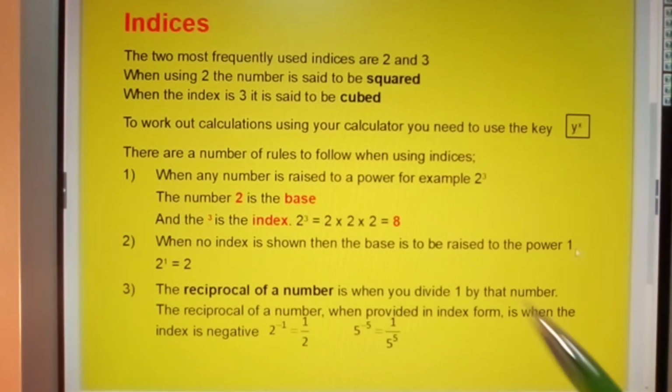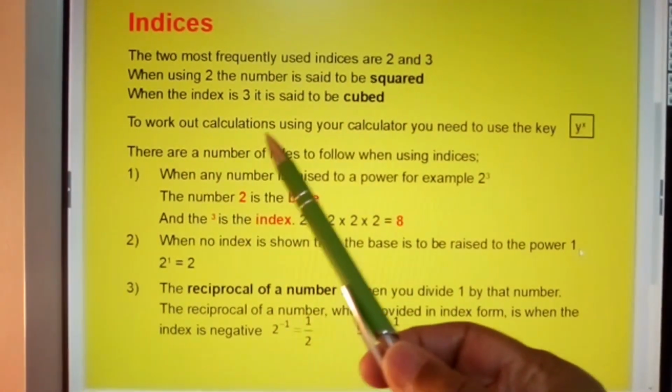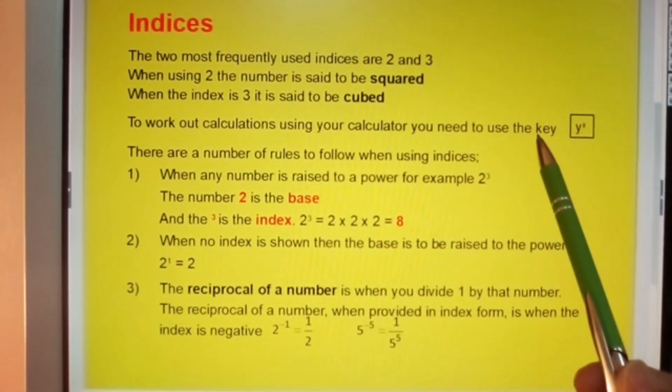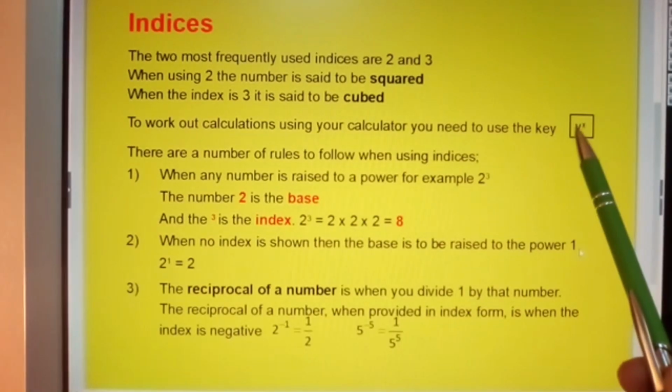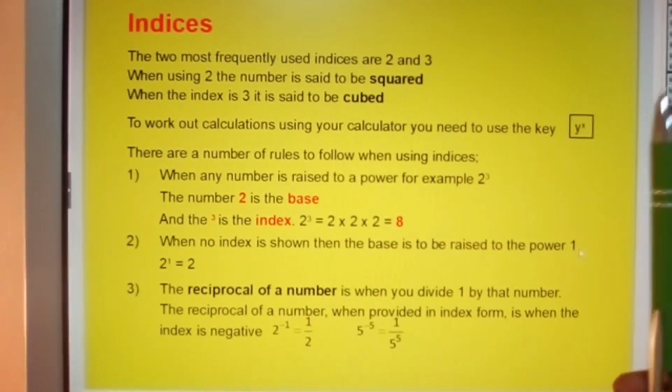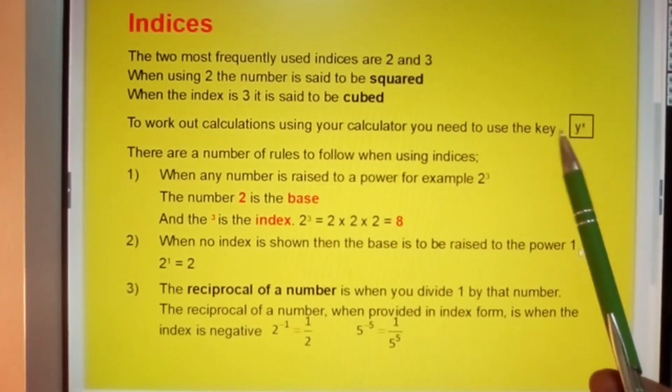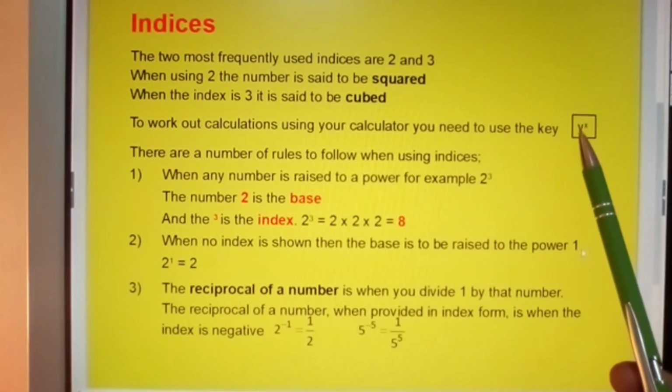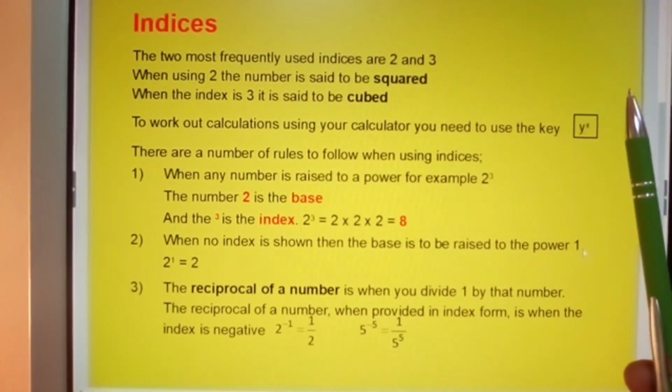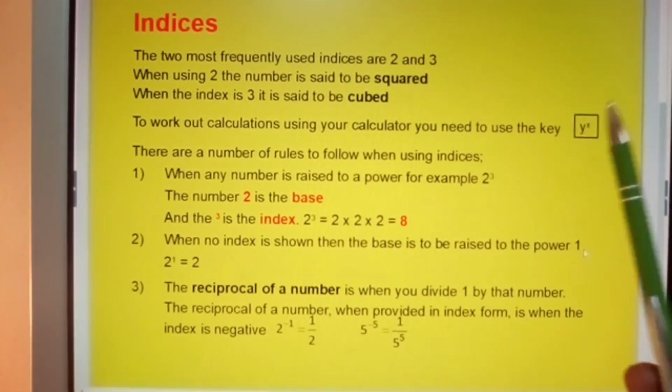Indices. Now to work out calculations using your calculator, you need to use the key y to the x. Now be aware that your calculators are modern calculators today. So y to the x may mean something else today, but it should still be relevant to this, okay?